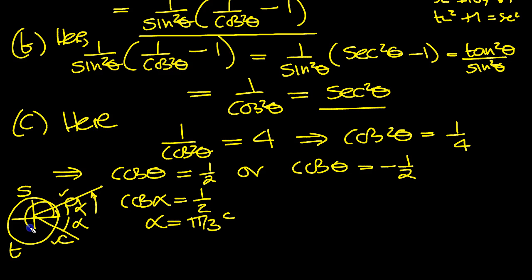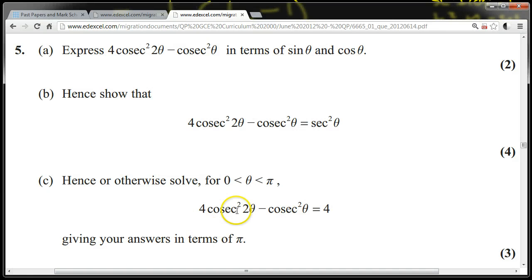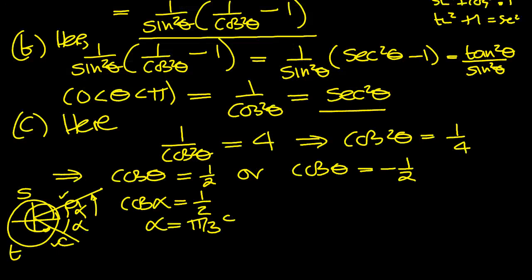Our second solution will be round to here. We've just checked the paper, and we need to solve in the range of theta between 0 and pi. Let me just flick back to it to remind ourselves. 0 to pi is where the solutions need to be. So we need only worry about this solution here. This one is outside the range. So here theta will equal pi over 3, that's the only solution here.